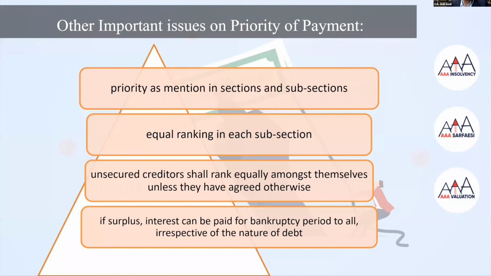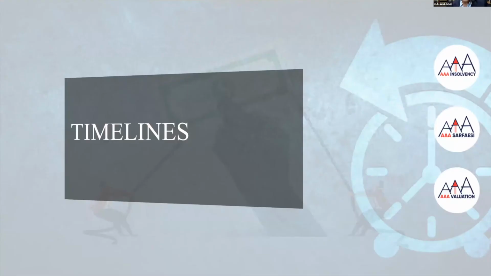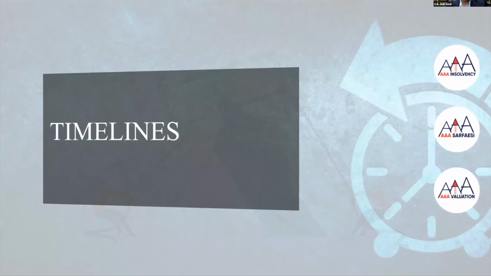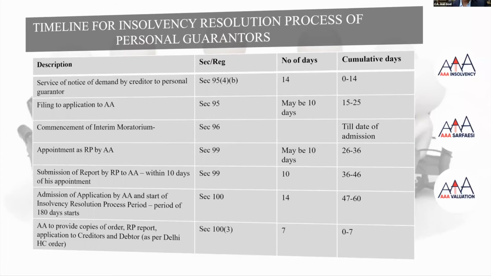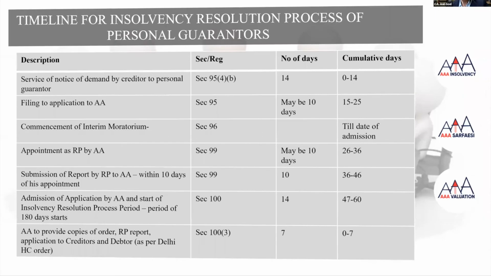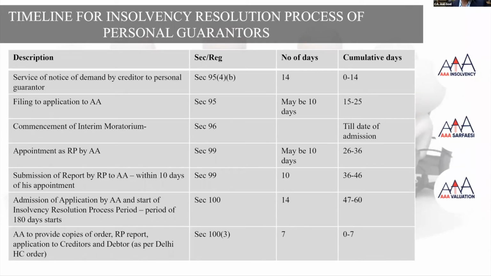Priority, as mentioned in the section, equal ranking, all that is of course similar. When I showed the timelines of the insolvency resolution process, assuming the notice would be served for 14 days, the application will be filed, maybe 10 days it takes, then commencement of the interim moratorium. So the first 60 days is taken in the first appointment, which is actually more nowadays.